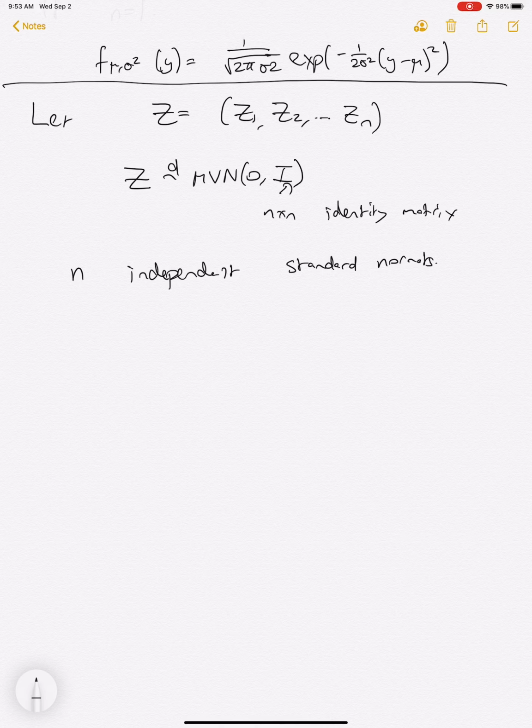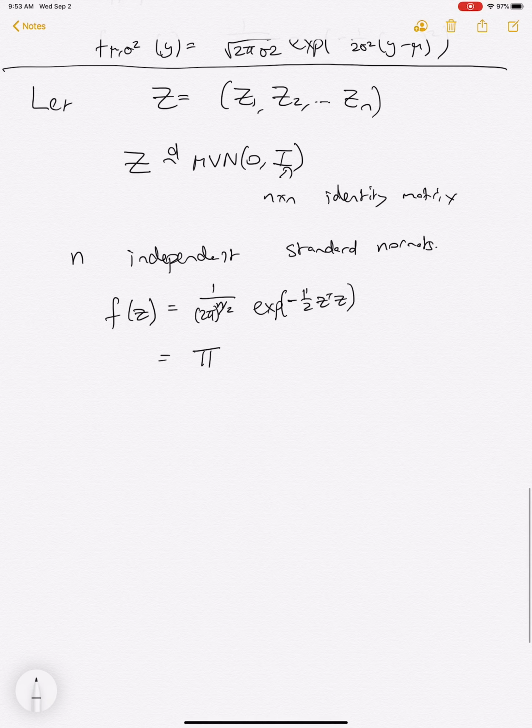And so the PDF is, and you can easily see that this can be written as the product of the PDFs for standard normals.